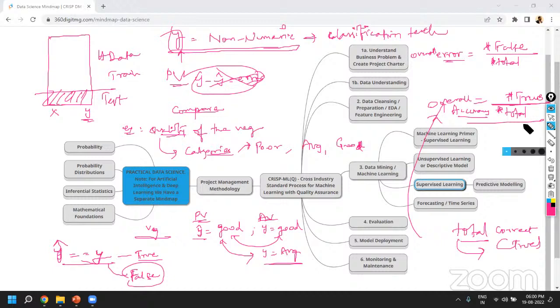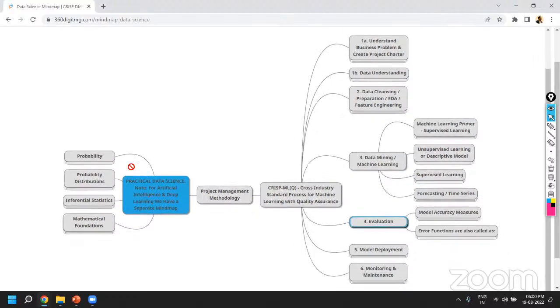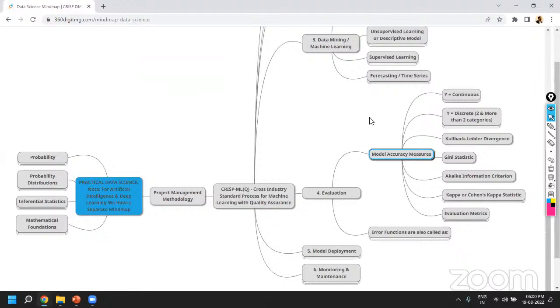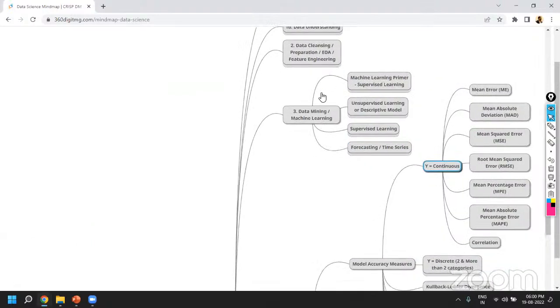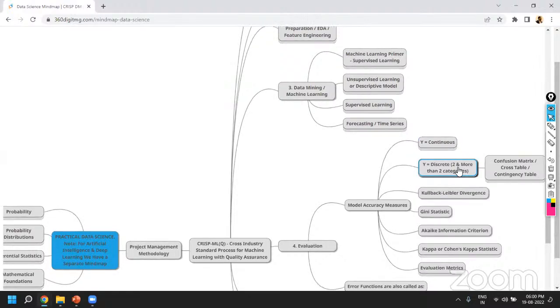Right? So this is how we try to evaluate the models, the machine learning algorithms. If I say continuous, these are different error calculations. We try to do the error calculation.